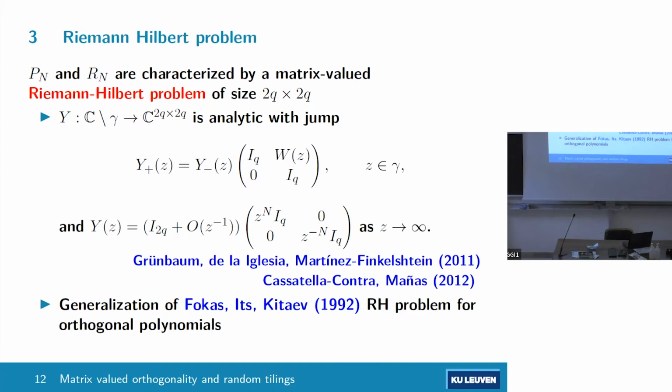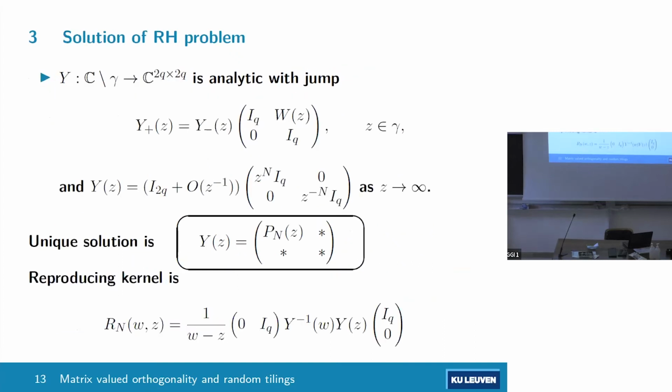It's 2q times 2q. But the unique solution has the q by q upper block being this matrix-valued polynomial, and there are some Cauchy transforms in the second column, and here there's a matrix polynomial of degree n-1. I didn't want to specify it exactly.